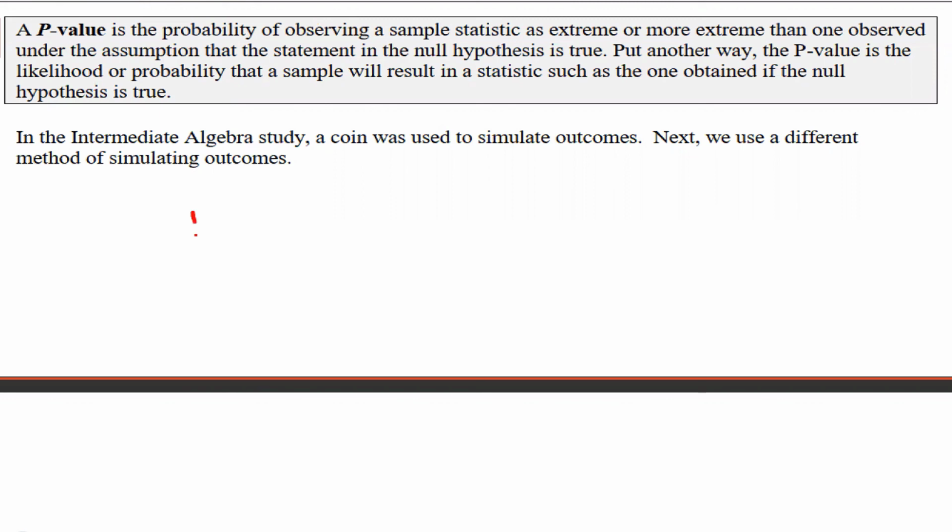So for our coin flipping situation, our p-value was approximately 0.17. That suggests that the likelihood of getting a sample proportion of 0.58 or higher from a population whose proportion is 0.5 is 0.17. You'd observe those results about 17 times out of 100, which is not unusual, and therefore we would not reject the statement in the null.